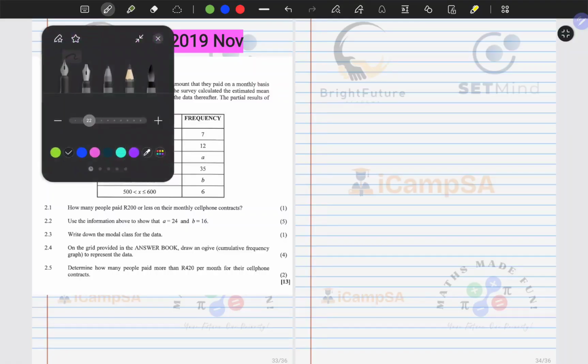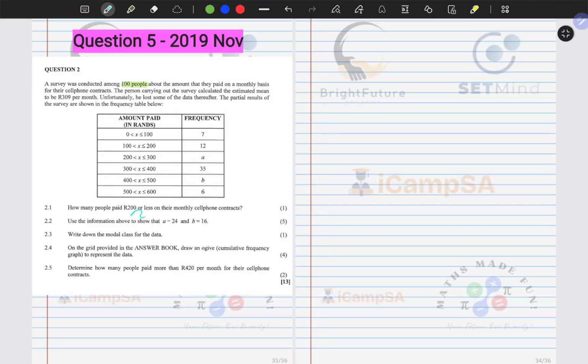Now we are asked, how many people paid 200 or less on their cell phone contracts? If you observe carefully, this is between 100 and 200, and this is between 0 and 100. So it would be this and that. Very simple.